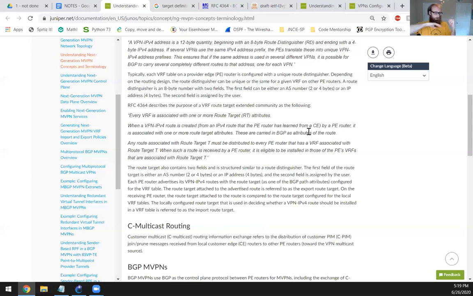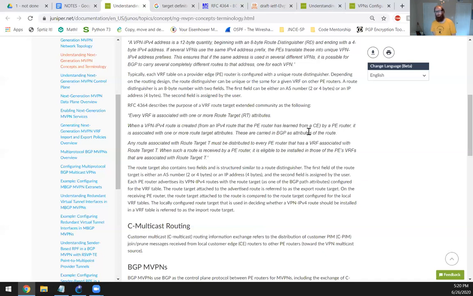So if we've got two targets here, but one target is T and the other one is Q, this is an arrow shot at T, not shot at Q. So any arrow shot at route target T, or any route associated with route target T, must be distributed to every PE router that has a VRF associated with route target T.